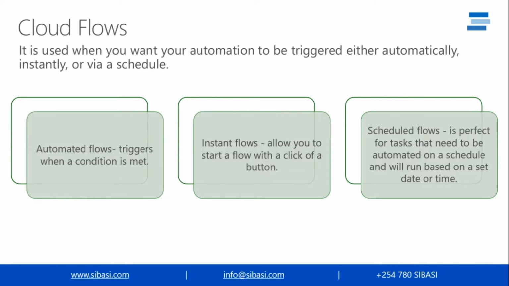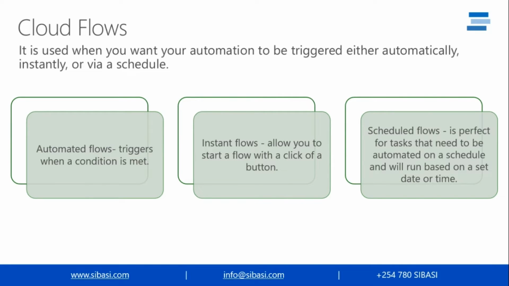How do you make automated flows? It's when a trigger or condition is met. An example is in SharePoint: when you create an item, you can use an automated flow to send a notification through email telling you that an item has been added.